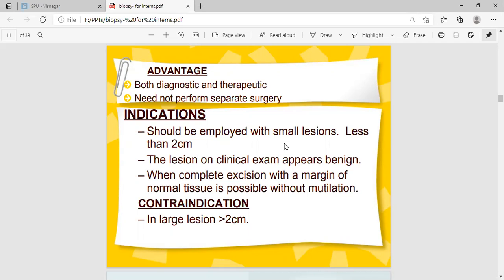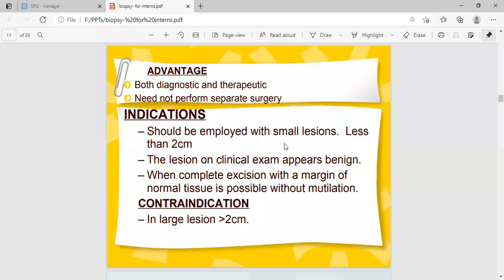If you are confident that it is a benign lesion, then you can directly perform it and avoid a second surgery in those cases. The lesion on clinical examination appears benign when a complete excision with a margin of normal tissue is possible without mutilation. That is, a complete removal of the tissue is possible without damaging or mutilating the normal tissue.